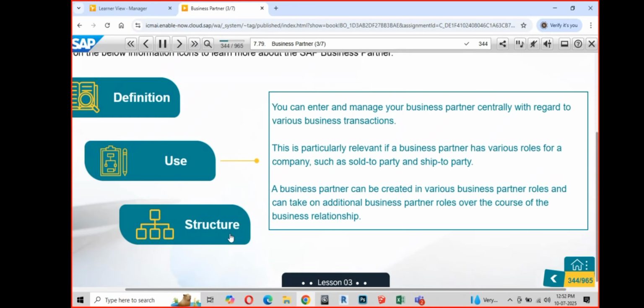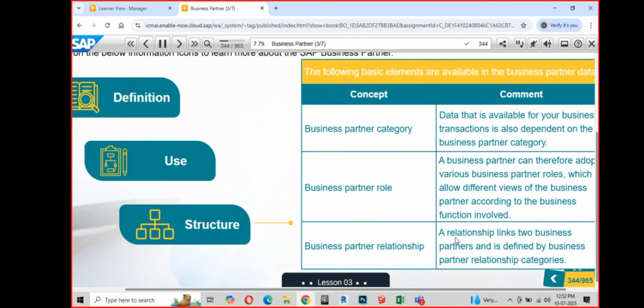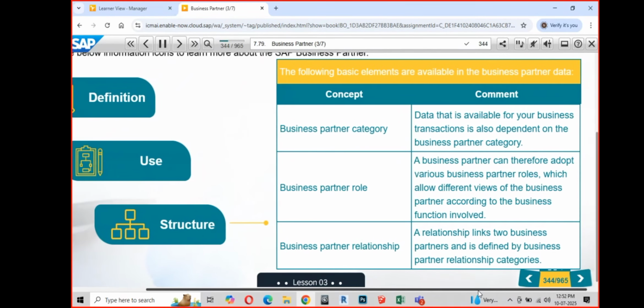Read them through. OK. As I said, you do not have to understand letter by letter. I'm just taking you to the concepts.